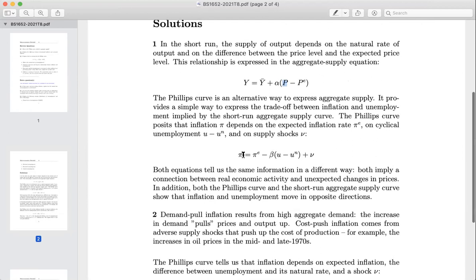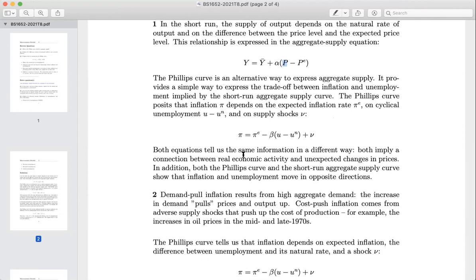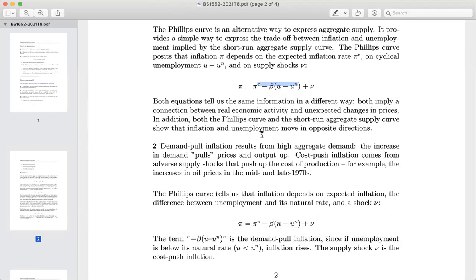So that's the first question, which asks you to explain the relationship between the Phillips curve and aggregate supply. Both are the same thing. They give us the same information, and these are the two equations, which we already discussed in the videos and now in the recap today.